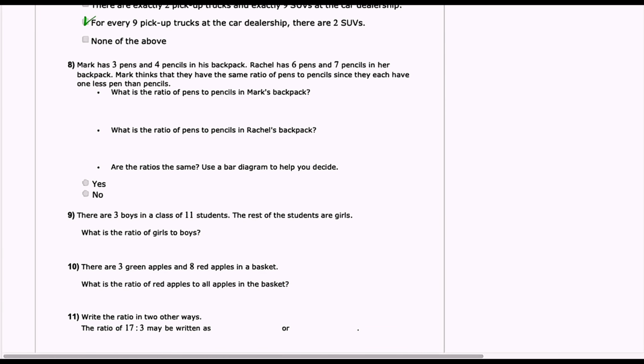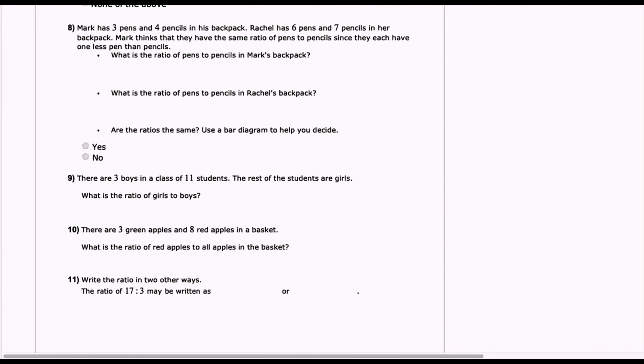Okay, finally, before we leave, we need to answer one more question from this idea that we have for understanding the ratio and how we can create a new ratio that has the same relationship. This is the idea that we studied in this lesson today. There are 3 boys in a class of 11 students. The rest of the students are girls.